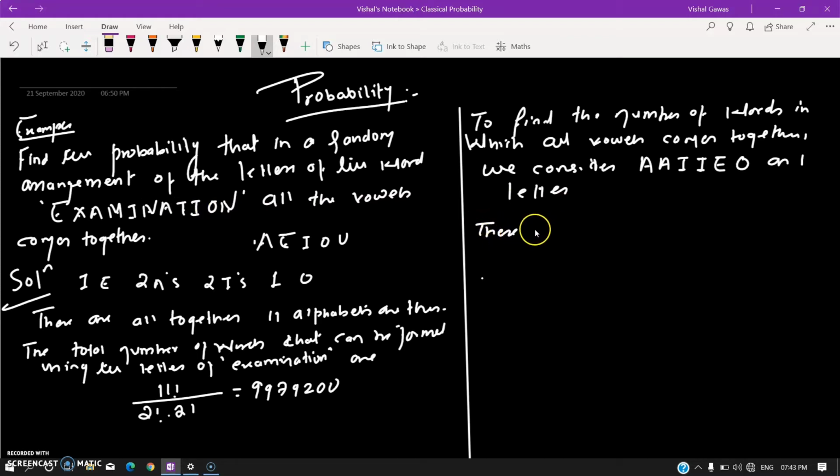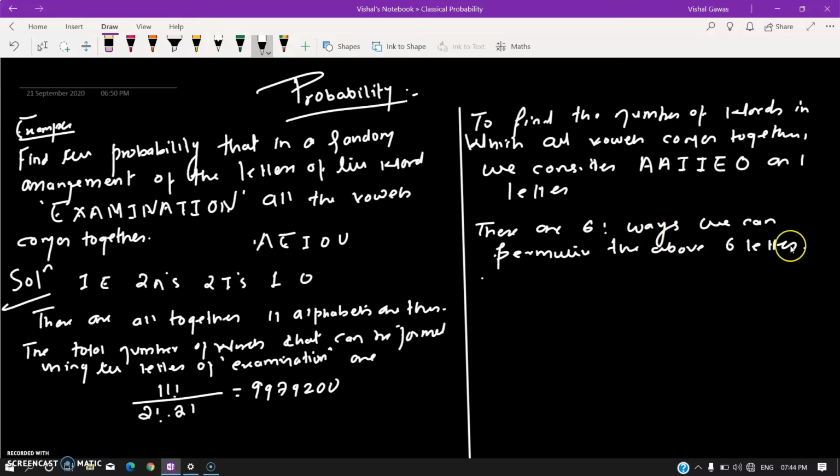How many ways can I permute these? There are 6 factorial ways we can permute these 6 letters, and the vowels would be permuting among themselves alongside them.